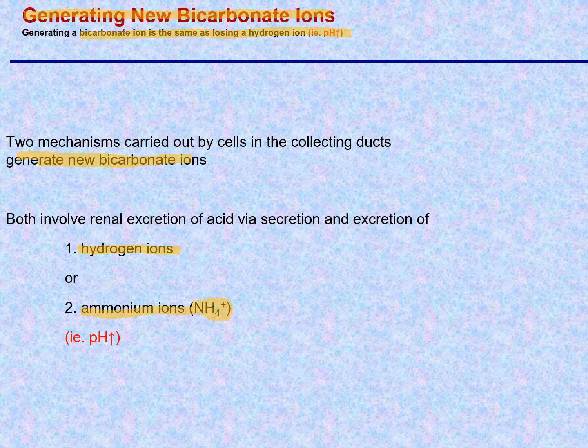Ammonium is NH4 plus, hydrogen ions of course is H plus. Excretion means out into what will be the urine. If you're losing hydrogen ions, then you're raising the pH. This is another mechanism, and involves the generation of new bicarb.